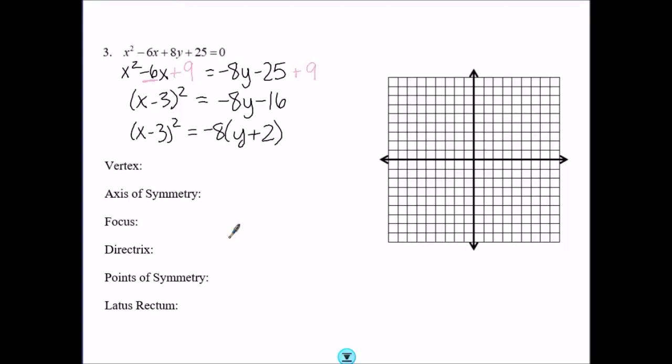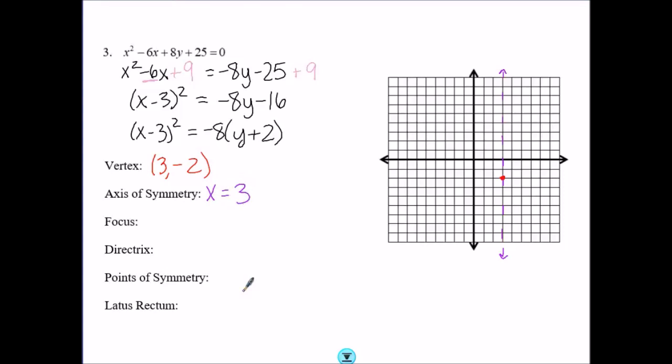Now we have our equation in standard form. The vertex is (h, k), which will be (3, -2). We already said that this is going to be a vertical parabola, so our axis of symmetry is going to be a vertical line through the vertex. So that is x equals 3.